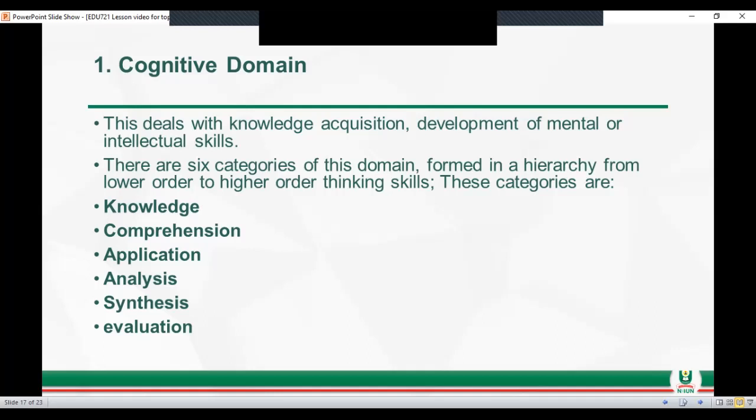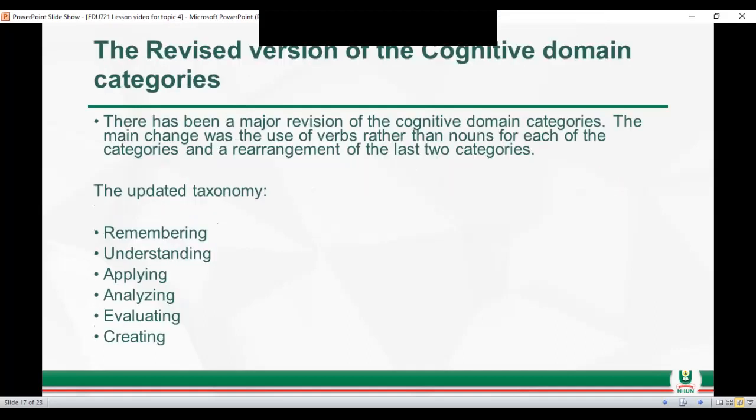They were phrased in noun form. Look at the new revised version of the cognitive domain now. They include remembering, understanding, applying, analyzing, evaluating, creating. What do you notice?